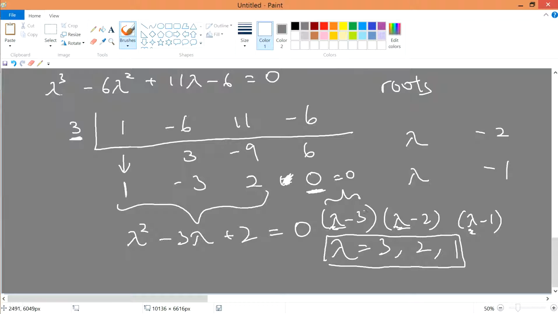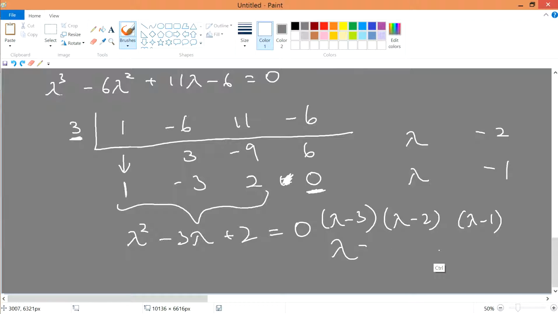These roots will make the equation equal to 0. So once you have that root, you will know that this is the value that you want. You need to be very clear what values you're going to put in. These are the eigenvalues.